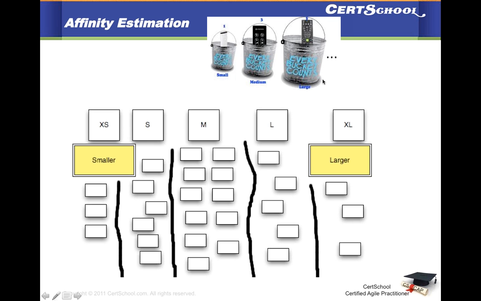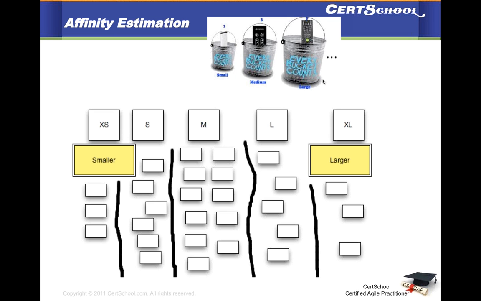It's particularly popular with the teams who want to do estimation a little more analogously, in the sense that they know that they can take up one large story and two medium stories in a sprint. So if your teams are small, your stories are small, instead of using story points, you may be better off using affinity estimation.